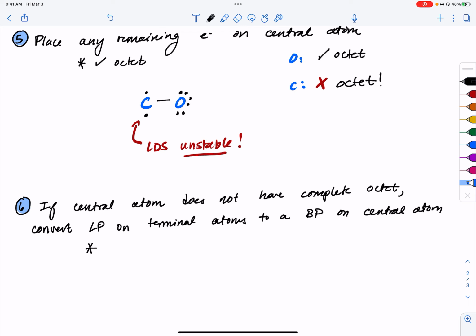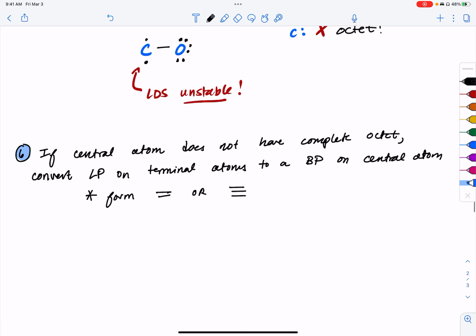In doing so, you may form a double or even a triple bond depending on what's necessary. So let's look at carbon monoxide. So far I've got this.